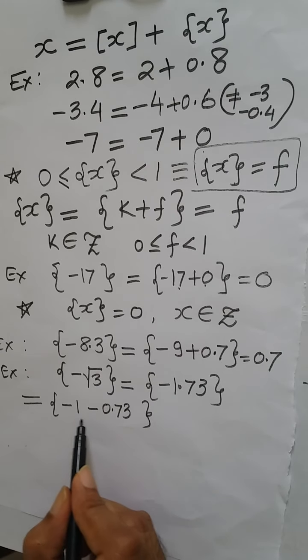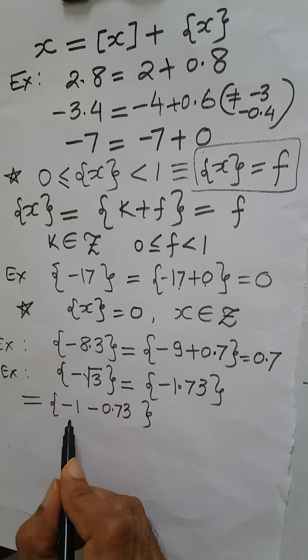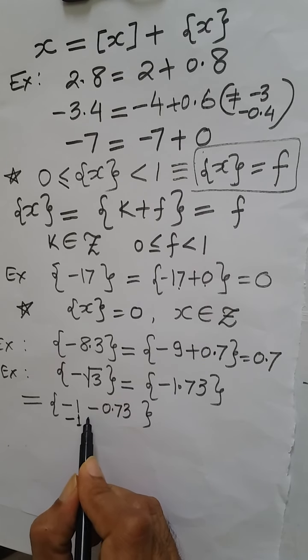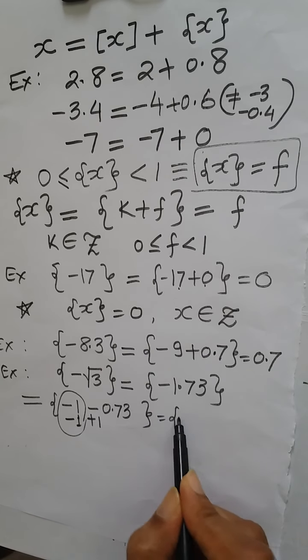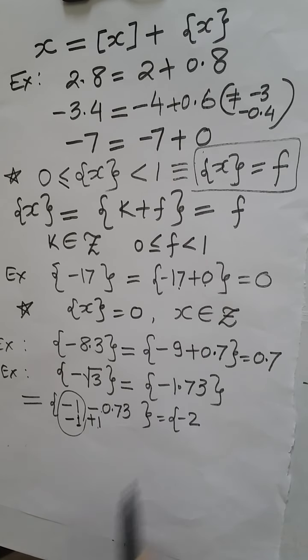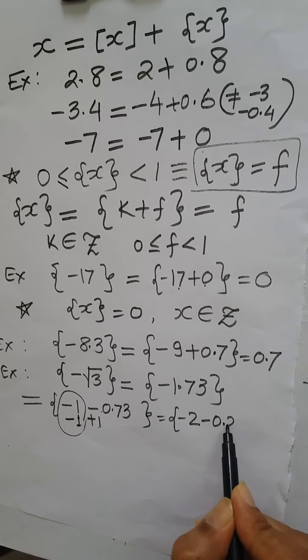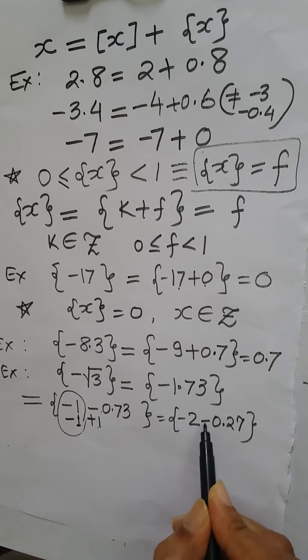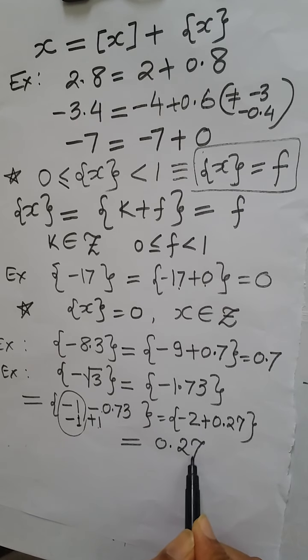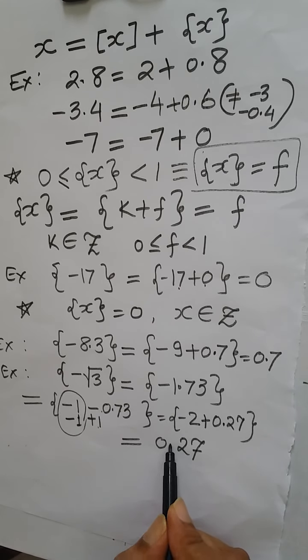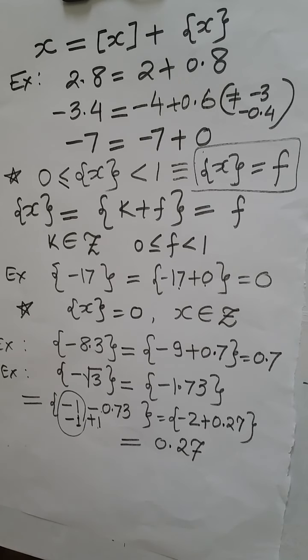Now what we will do, we will subtract 1 and add 1. So these two add up to minus 2, and 1 minus 0.73 gives 0.27. So the fractional part of minus root 3 is approximately equal to plus 0.27.